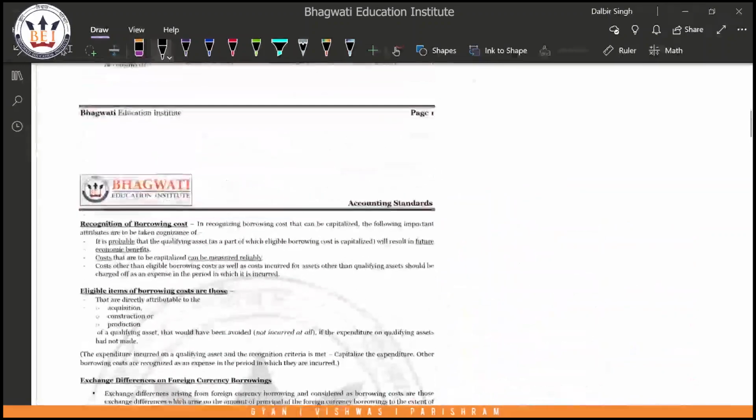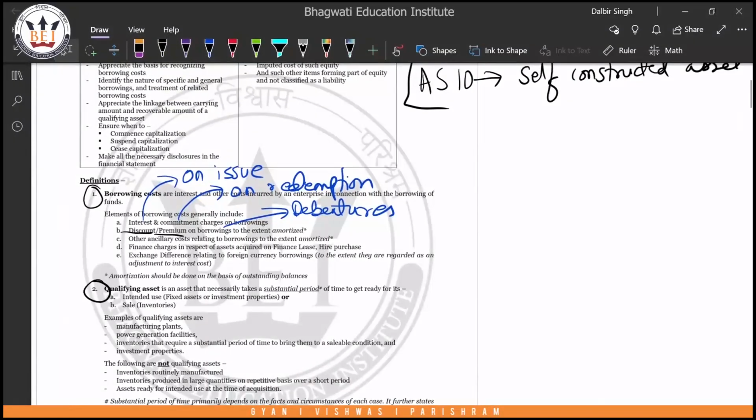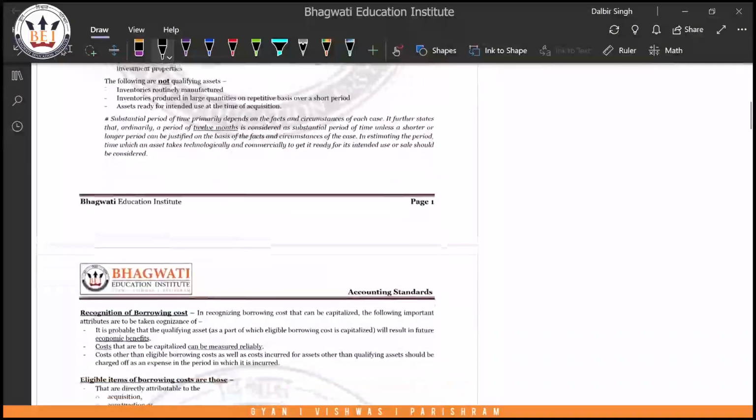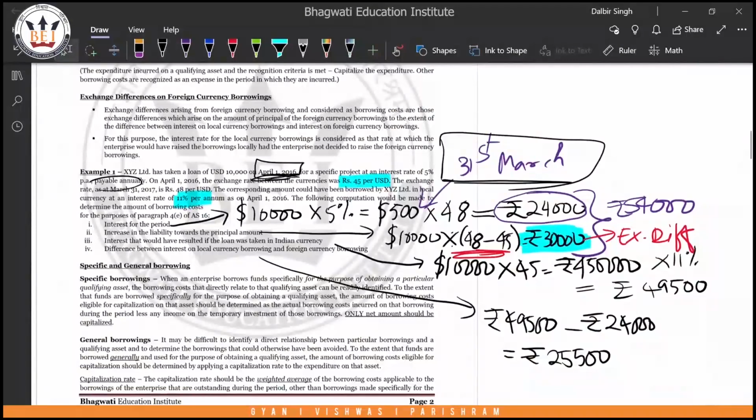Now if I go up and read the last point, it says exchange difference relating to foreign currency borrowing to the extent it is regarded as an adjustment to interest cost. Now what am I talking about here? I'm talking about exchange difference. What is the exchange difference in this question? The exchange difference is 30,000.